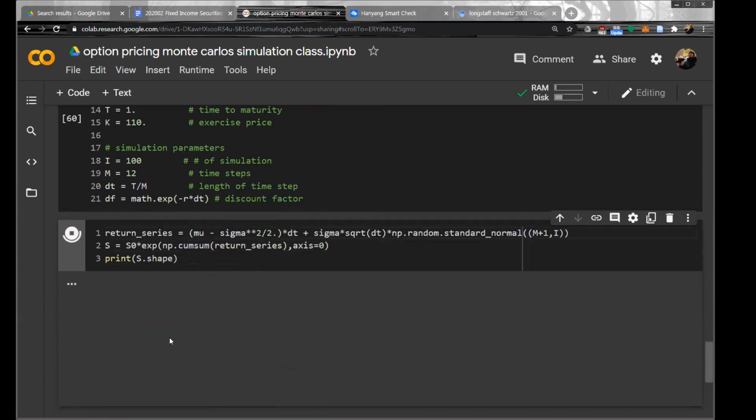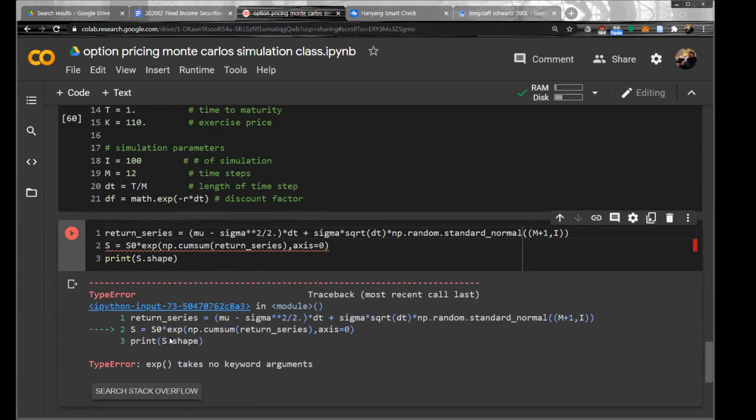Right, this one is a pain. S0 times exp of cumsum of returns. Actually, this one over here: only size 1 array can be converted to Python scalar. Strange.